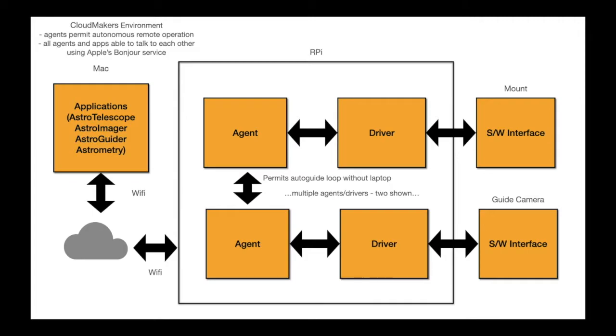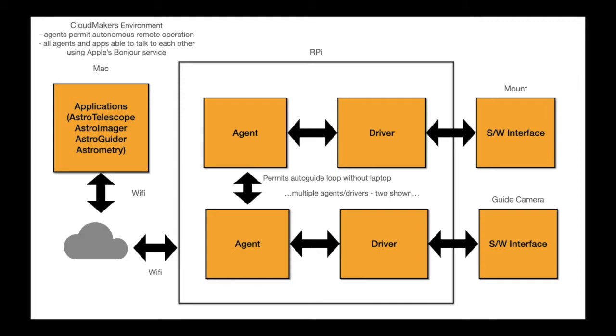The other nice feature about it is your guiding loop is very short. It's just from the mount to the camera to the box, which is all sitting on the scope. And all of them work offline: the Astro Guider, the Astrometry.